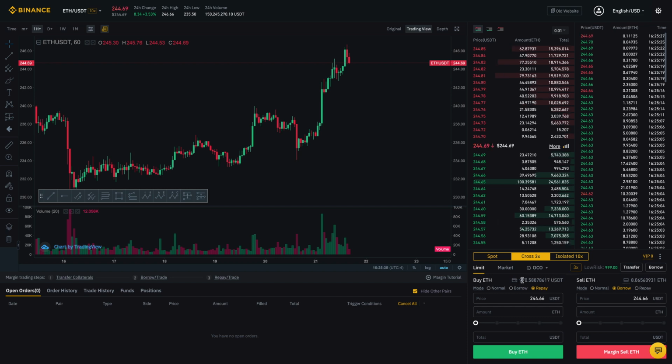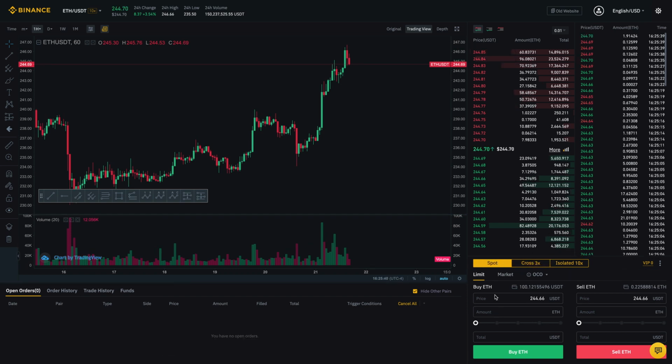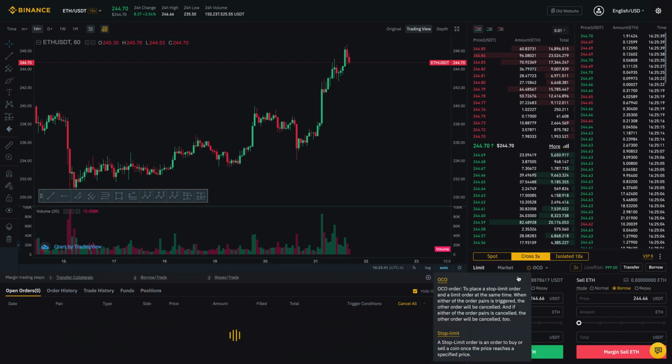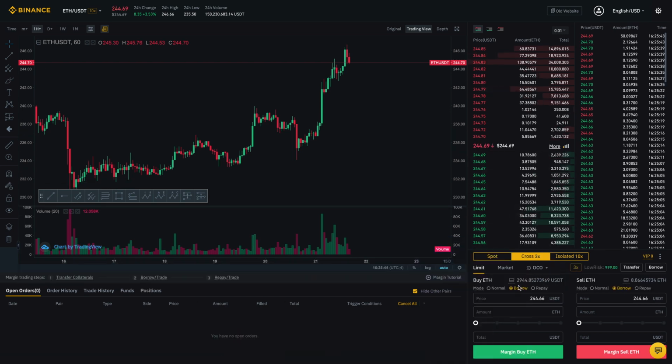But I haven't borrowed anything at the moment. So when you margin trade, just as you would on spot, what margin trading is, you're borrowing funds to place your order, right?